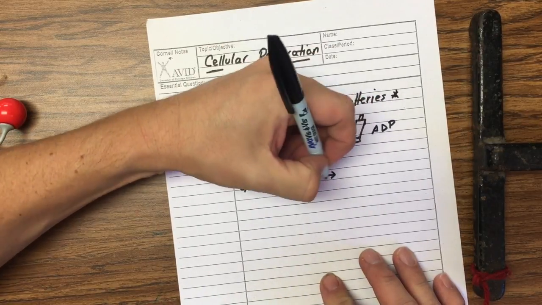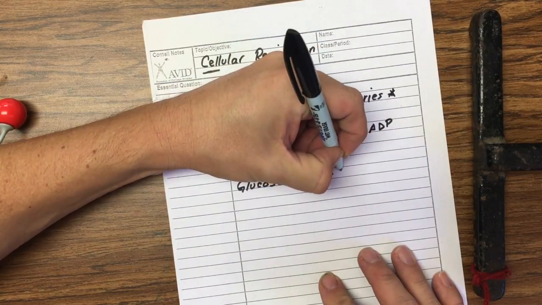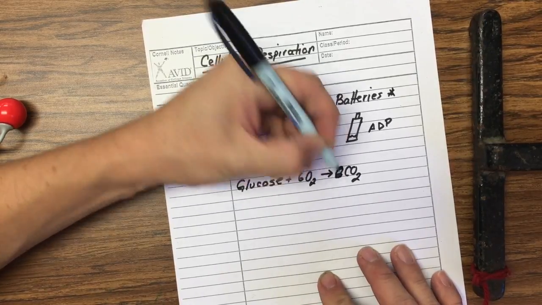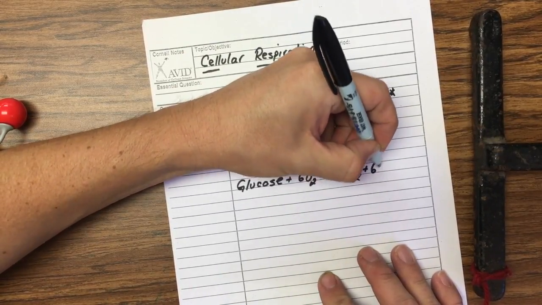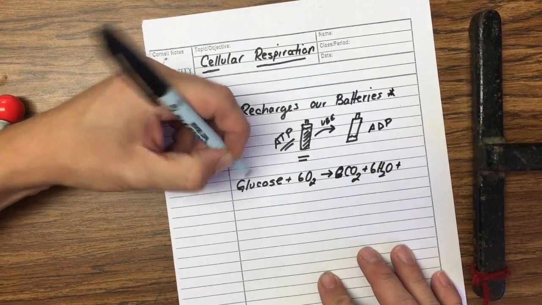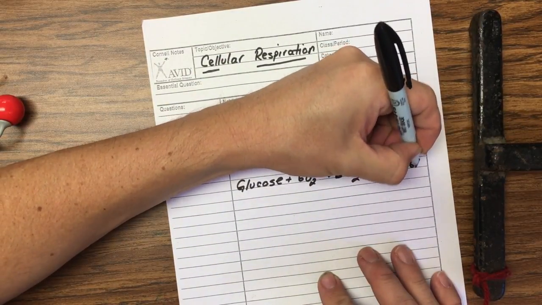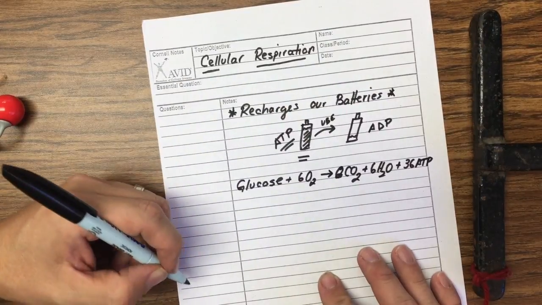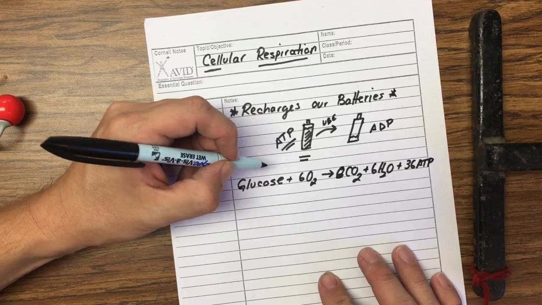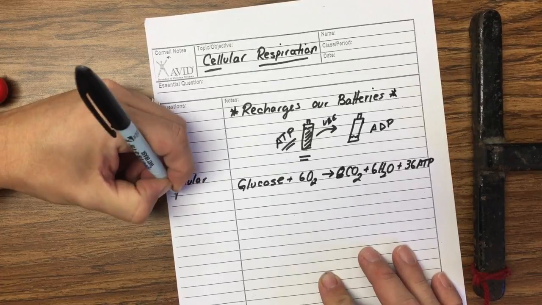At the end, when these molecules are broken, we are left with the byproducts: 6 molecules of CO2 and 6 molecules of water. For every 1 molecule of glucose that we break up, your body is going to recharge 36 ATP molecules. This process is called cellular respiration.